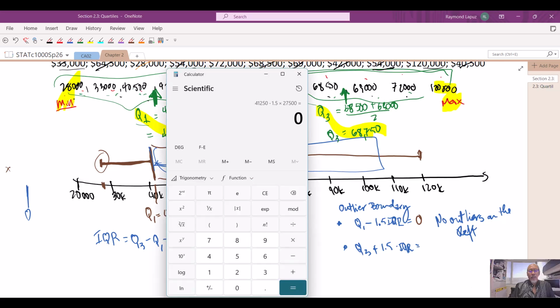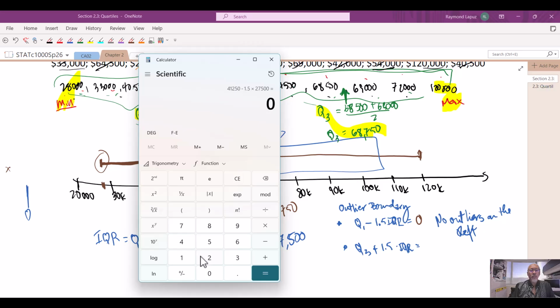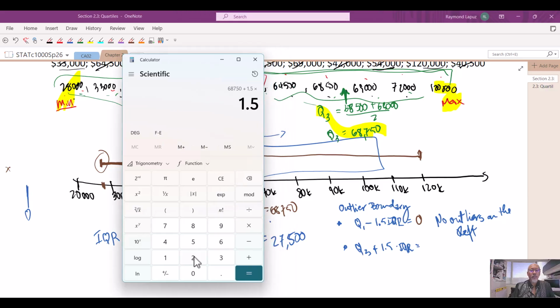So on our calculator again, Q3 was 68,750. And then we want to add 1.5 times the IQR, and the IQR was 27,500.